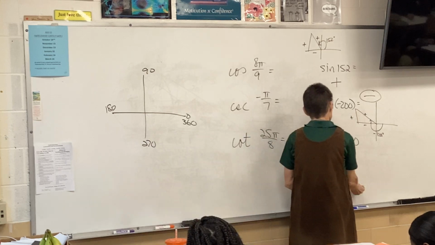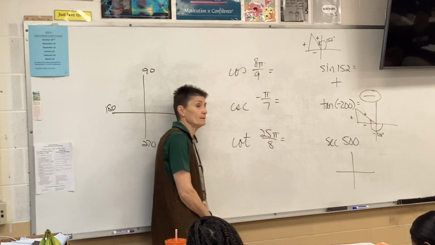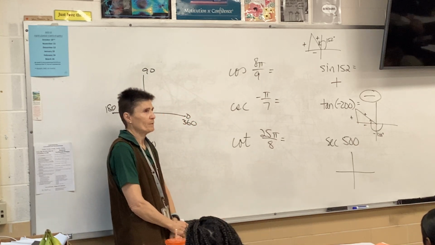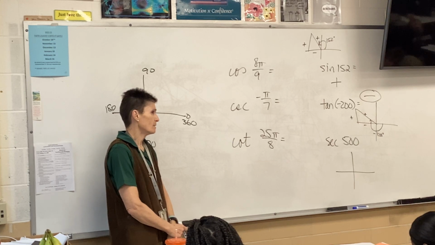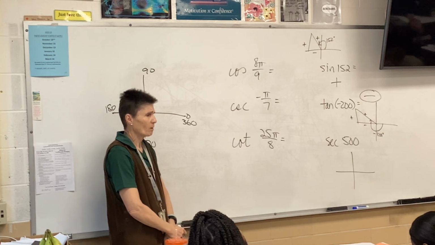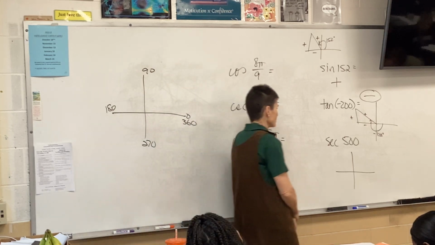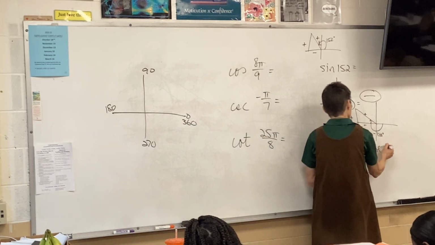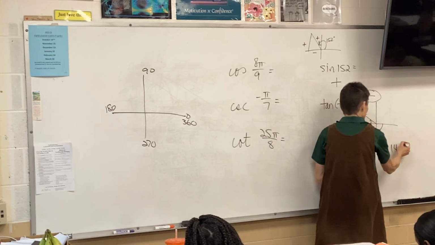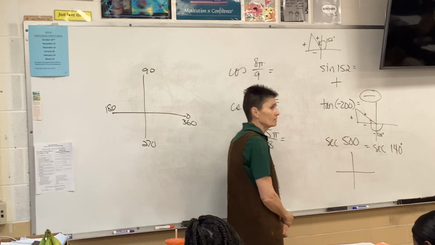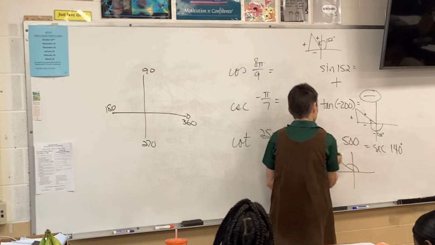This is where your coterminal idea can come in. What do we know about 500? It's more than once around, right? So let's just get rid of that extra part. Let's just take out that extra 360. This is really what angle if we take out the extra 360? 140? Oh my gosh. Isn't 140 also in quadrant 2?